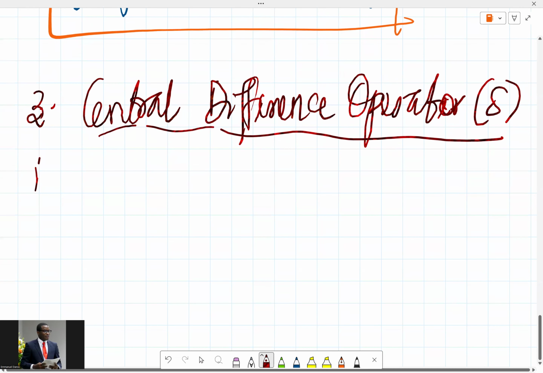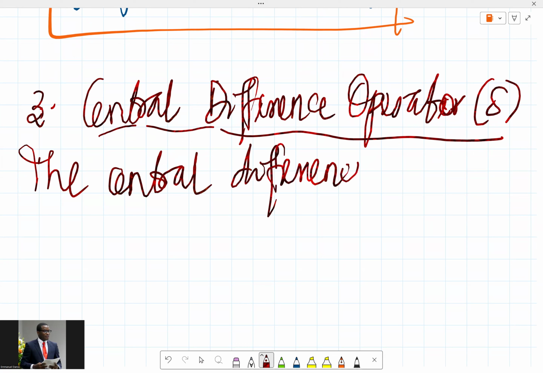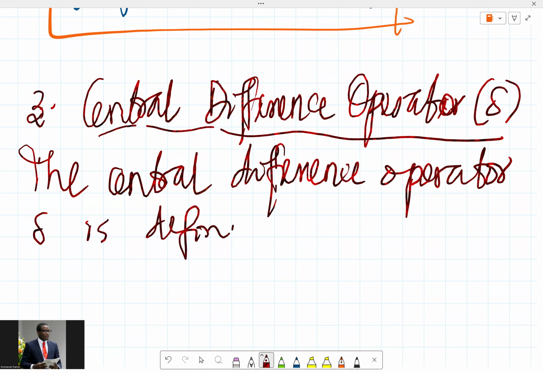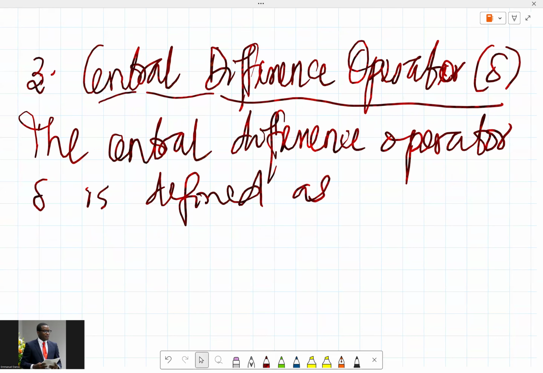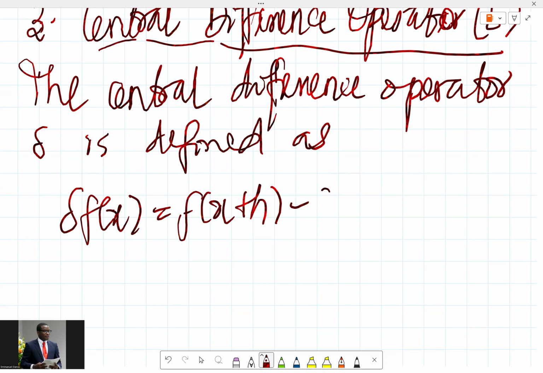The central difference operator delta is defined as delta f of x equals f of x plus h minus f of x minus h.